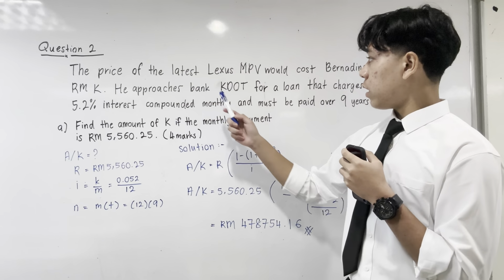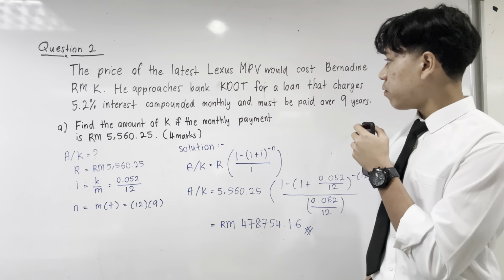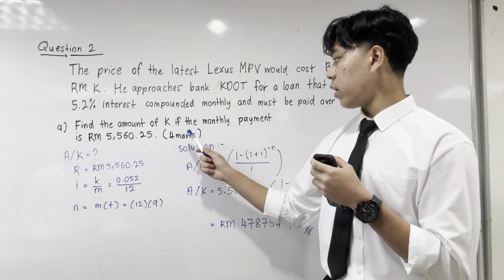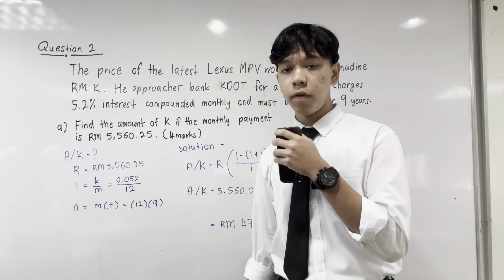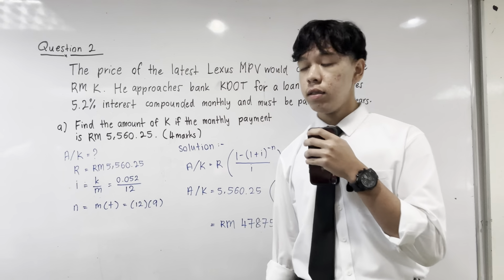The price of the latest Lexus MPV would cost Bernardine RM K. He approached Bank Cadot for a loan that charges 5.2% interest compounded monthly and must be paid over 9 years. The question is, find the amount of K if the monthly payment is RM 5,560 and 25 cents. Firstly, we need to identify what formula we want to use in this question.